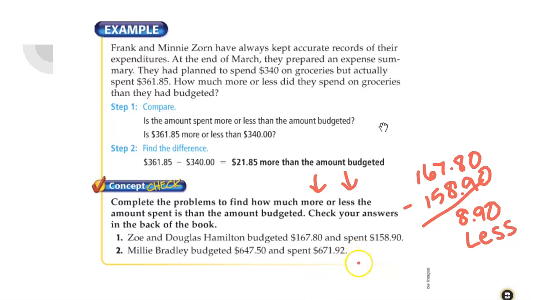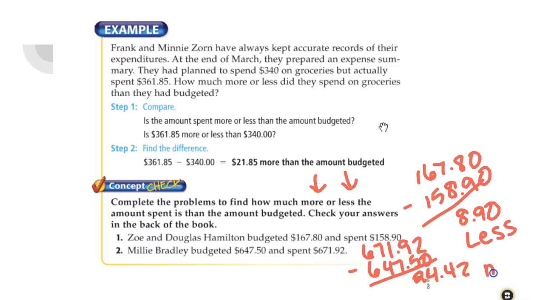Millie Bradley budgeted $647.50 but spent $671.92. So I take $671.92, I'd subtract $647.50, and I would get $24.42. And that is actually more because they budgeted this, they spent that.